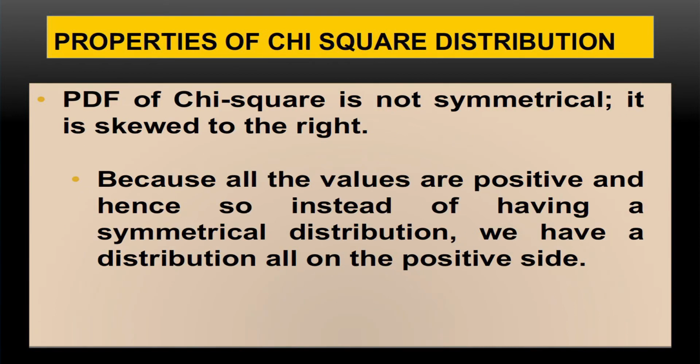It is not symmetrical, it is skewed to the right as mentioned earlier. The reason for this is because all the values are positive, and so instead of having a symmetrical distribution, we have a distribution on the positive side.